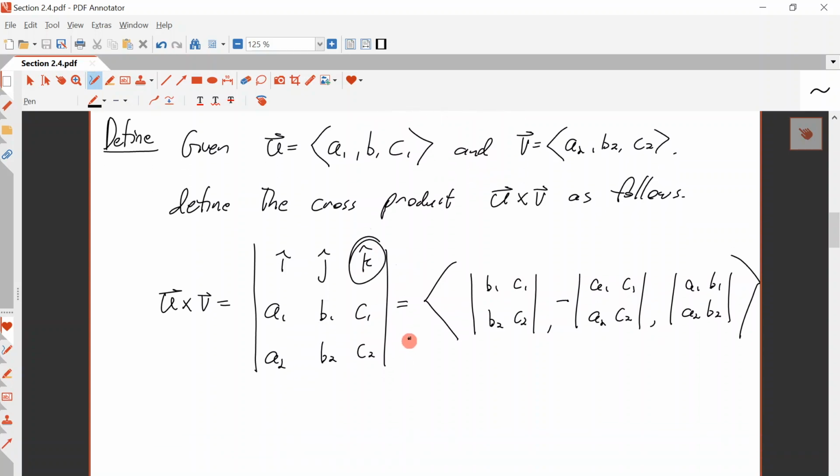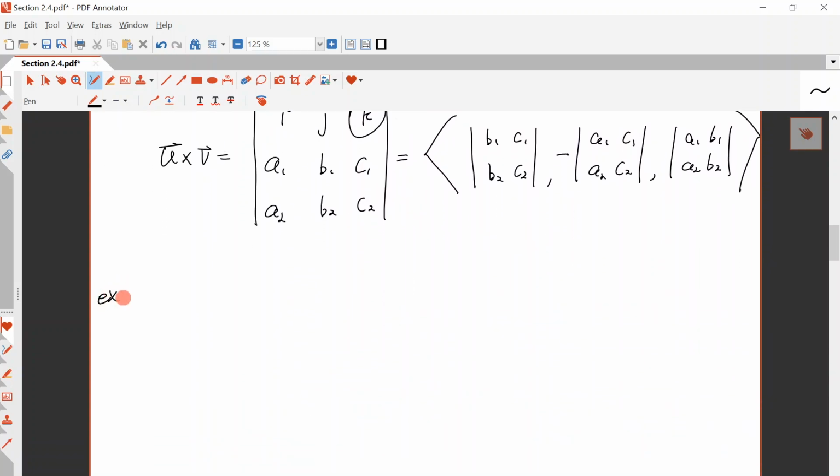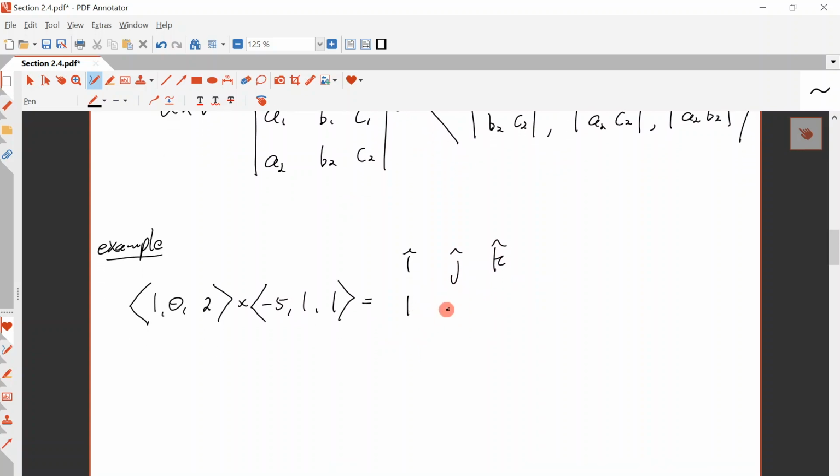So, for example, the cross product of 1, 0, 2 cross minus 5, 1, 1 is equal to, so we write down the determinant, ijk, first vector, and the second vector.